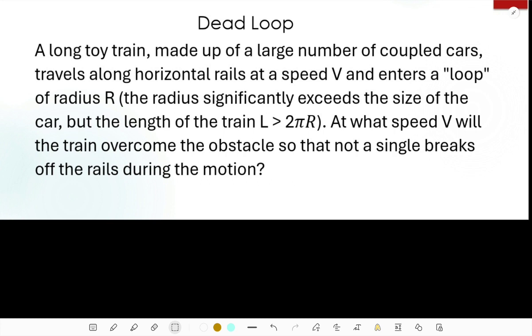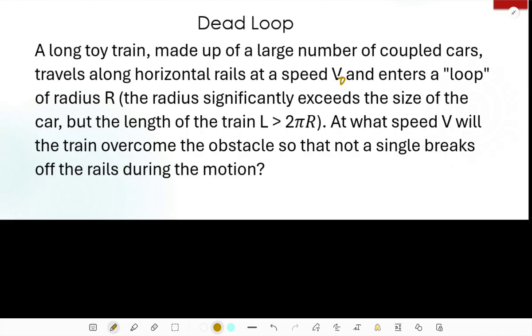First of all, I would like to correct one thing: the initial speed is v0 when the train is moving on horizontal rails, and this loop in which the train enters, the loop of radius r, is in a vertical plane.